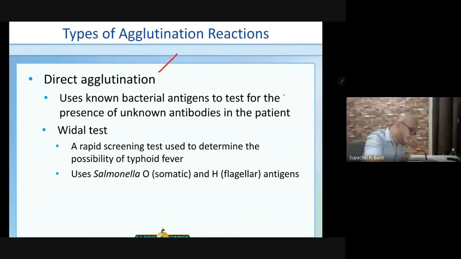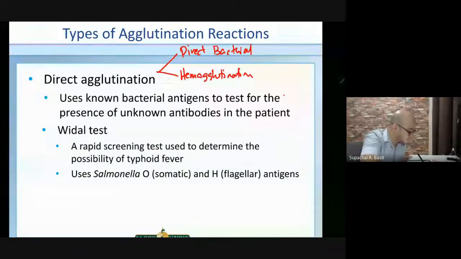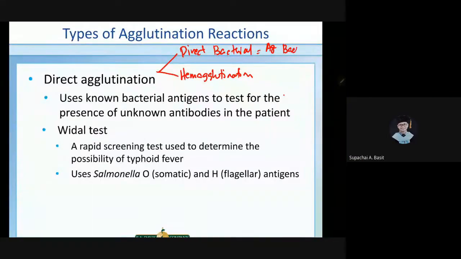It could be the direct bacterial agglutination, and the other one is the hemagglutination. So obviously, the antigen here would be bacteria, and the antigen in hemagglutination would be red blood cells, the RBCs.